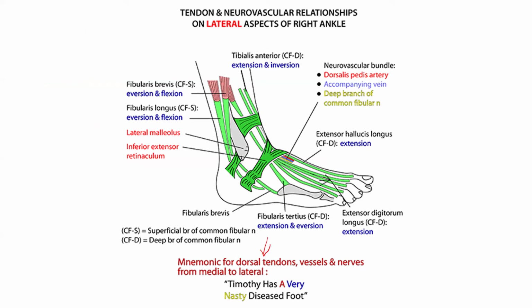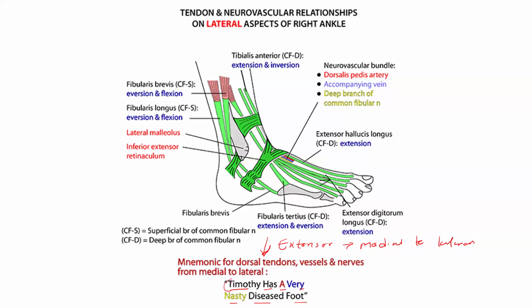I'll just show you another image for you to remember. Remember this mnemonic of how structures pass under the extensor retinaculum, and this is how they are arranged from medial to lateral. The mnemonic is Timothy has a very nasty deceased foot.